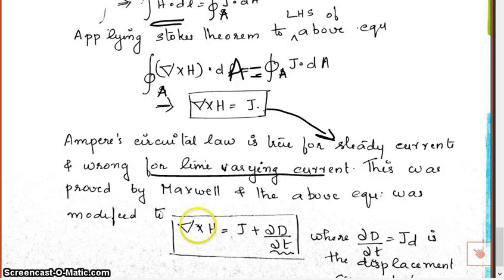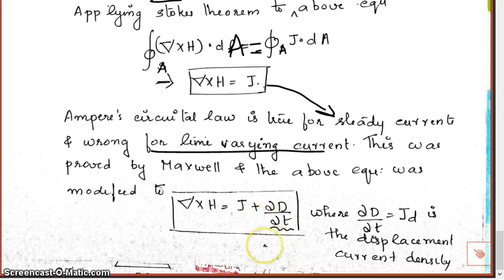The modified equation is del cross H is equal to J plus dou D by dou t, where dou D by dou t is equal to JD, the displacement current density.